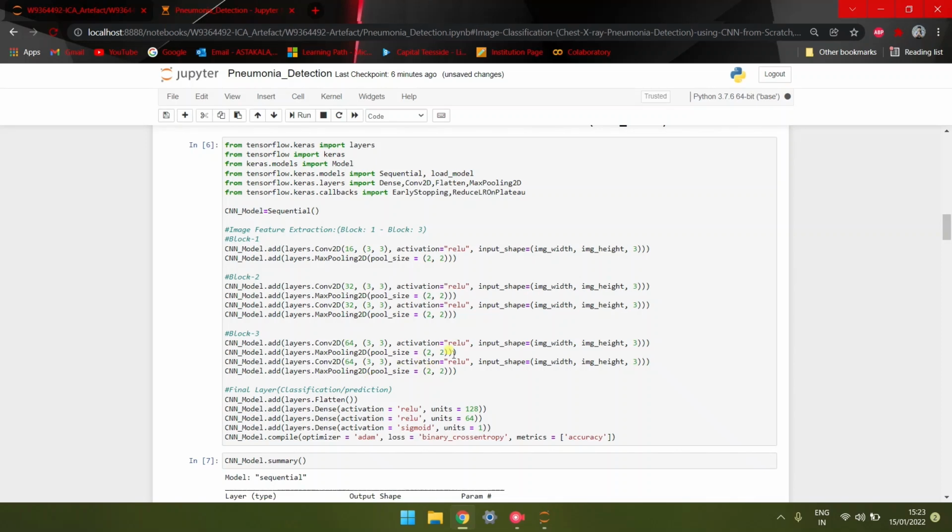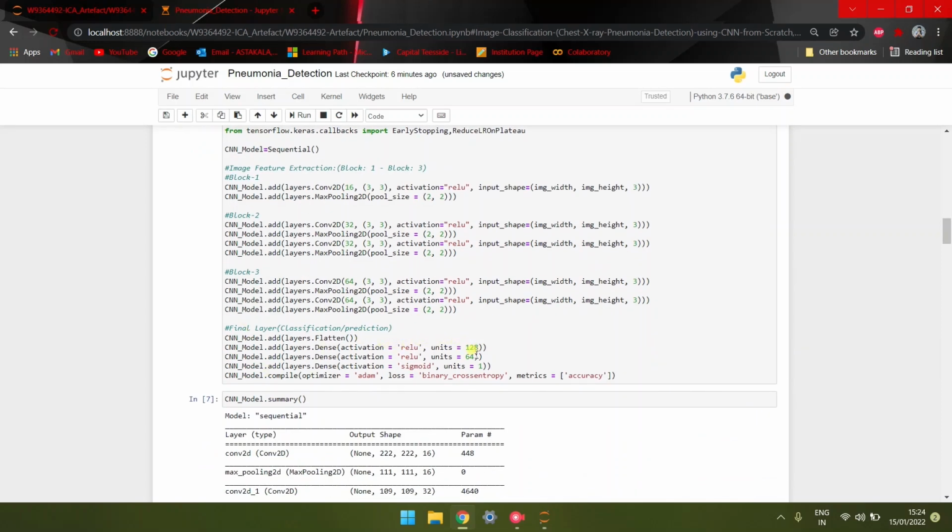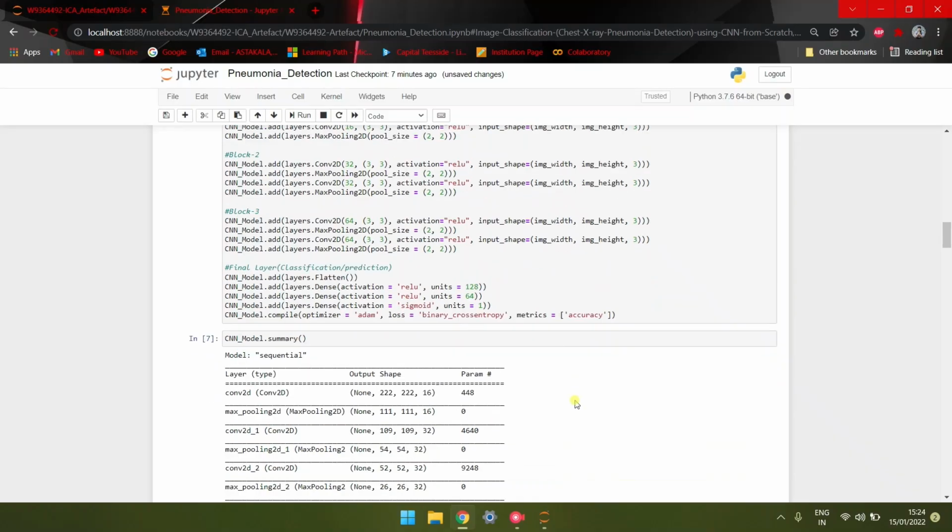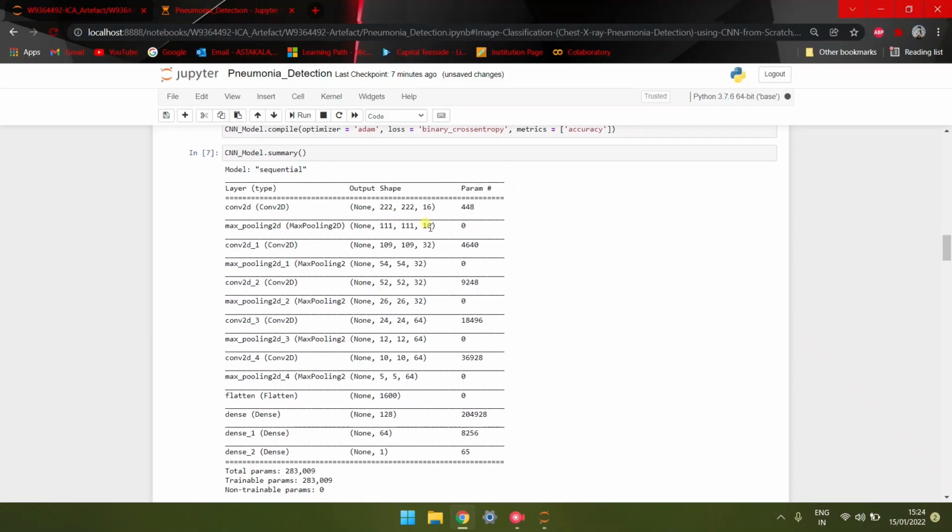There is one convolution and max pooling layer with 16 filters, one each with 32 and 64 filters, and the dense layers are of 128 and 64 units, and one sigmoid layer.